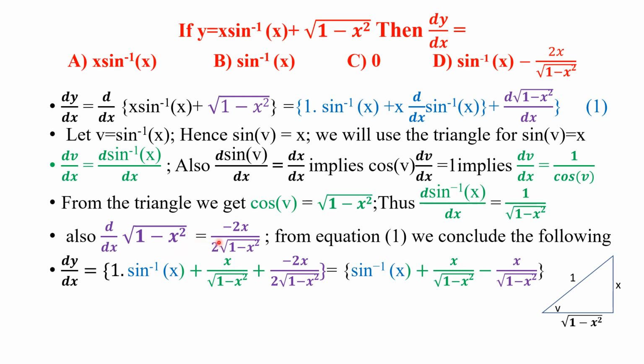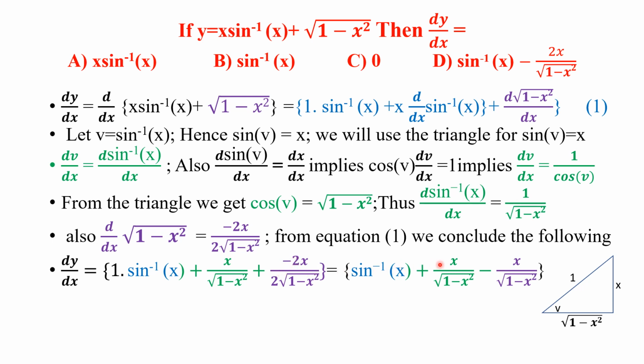Now the derivative of the second term of the function is negative 2x divided by 2 multiplied by square root of 1 minus x squared. Now that we have all of these values, we can say this is equal to sine inverse of x, which is the first term, and we can cancel the 2 with the 2.